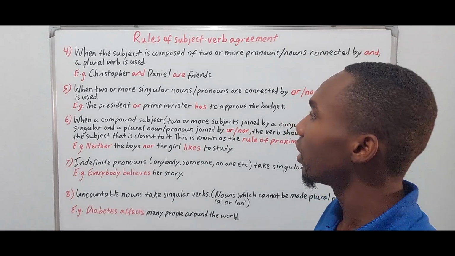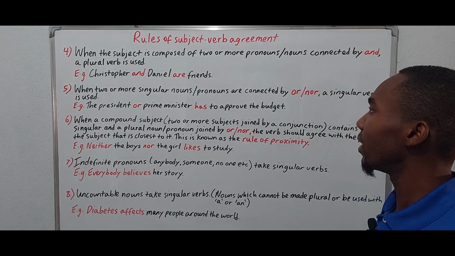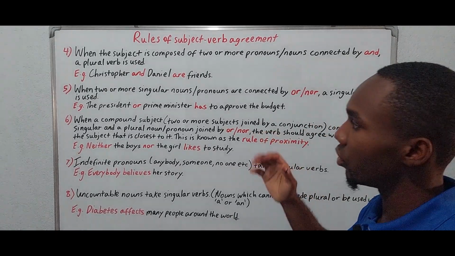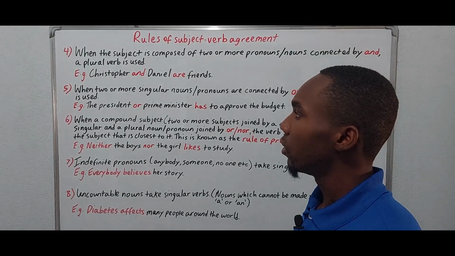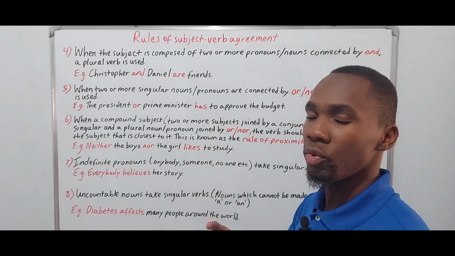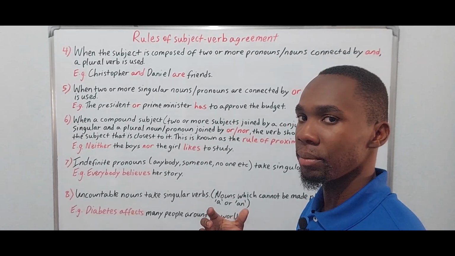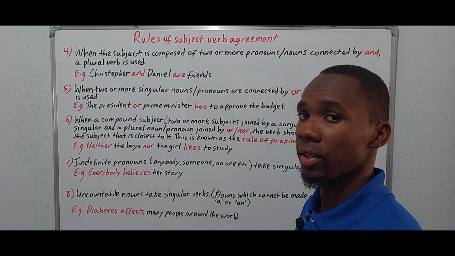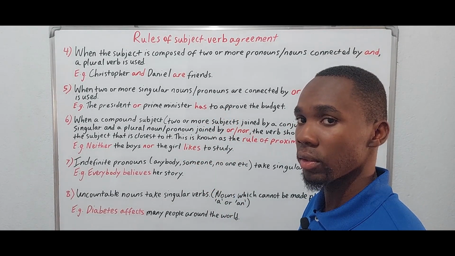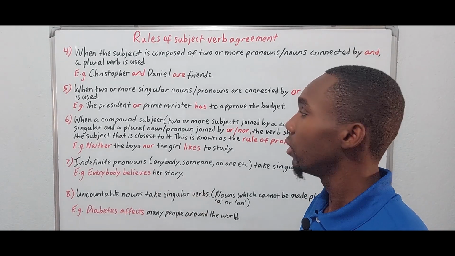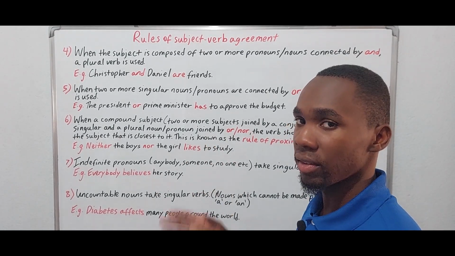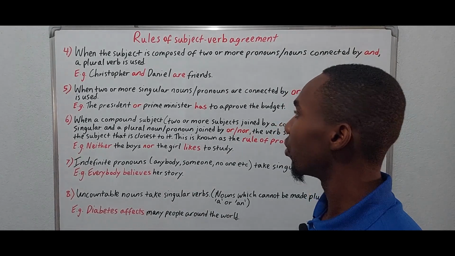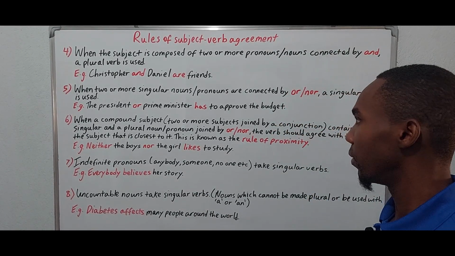When 2 or more singular nouns or pronouns are connected by or or nor, a singular verb is used. Okay? So when we have 2 or more singular subjects that are connected by or or nor, a singular verb is used. So let's look at an example. The president or prime minister has to approve the budget.